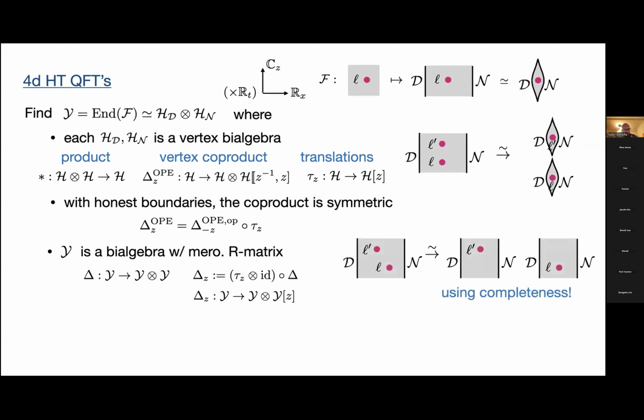On the other hand, one can use a different equivalence between the fiber functor applied to a pair of lines and the tensor of fiber functors applied to each of them separately, coming from completeness, coming from the fact that we can insert an ND pair in the middle and glue.